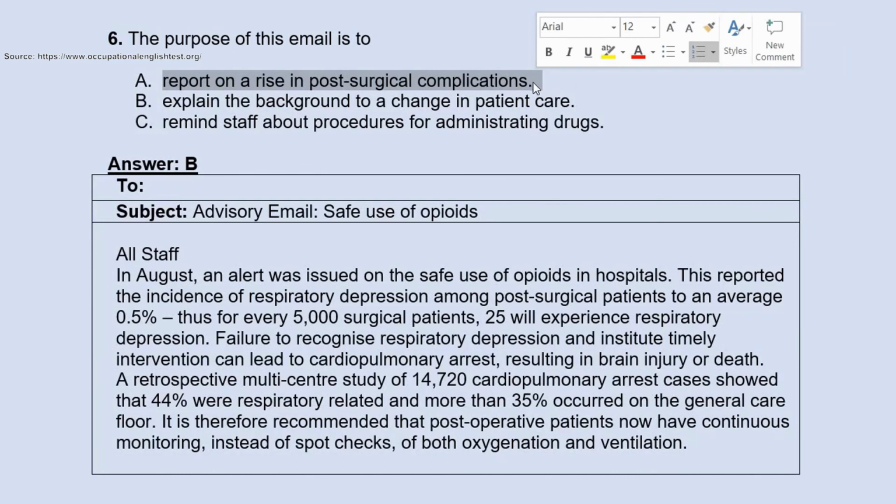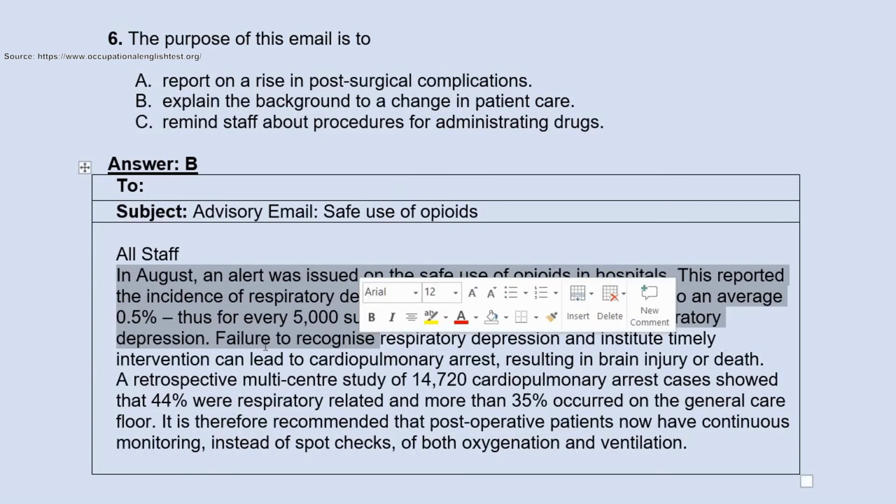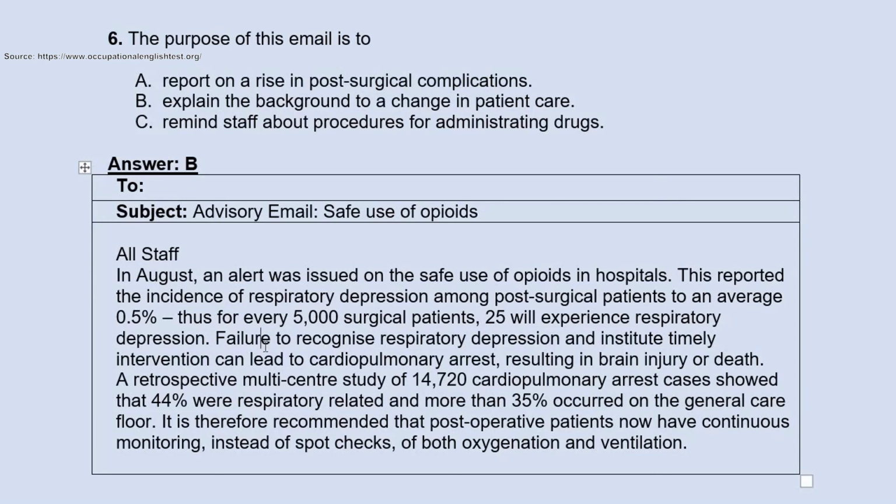This idea is there in this extract, but it is not the purpose of the email. Like I said before, from the first line, they are explaining all about the post-surgical complications. And even if it was the rise in post-surgical complications, this is not the purpose. The purpose was not to make a report on the complications, but to explain them as a reason for the new change that they have made in patient care.